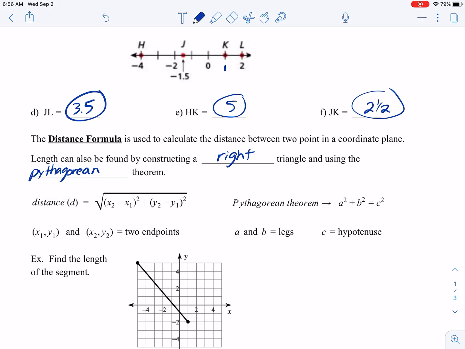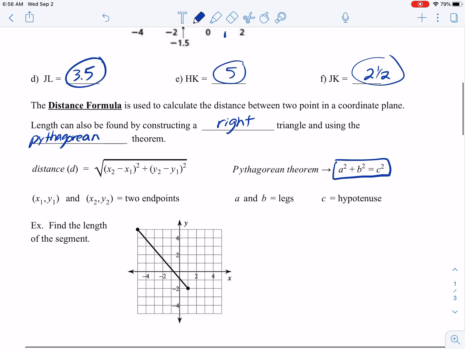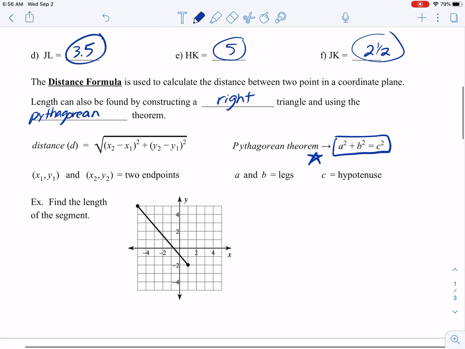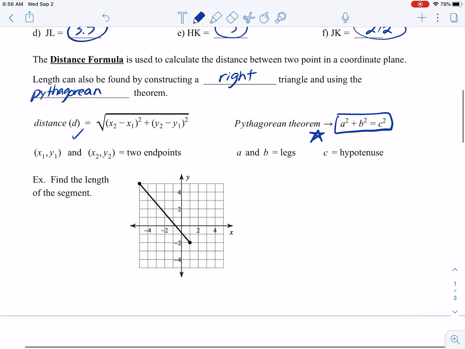The Pythagorean theorem is your a squared plus b squared equals c squared. It was the formula we were using. We were finding the square areas on that warm-up in class together. We're going to stick with this Pythagorean theorem, and then we'll introduce the distance formula, which is really the same thing on the next page.